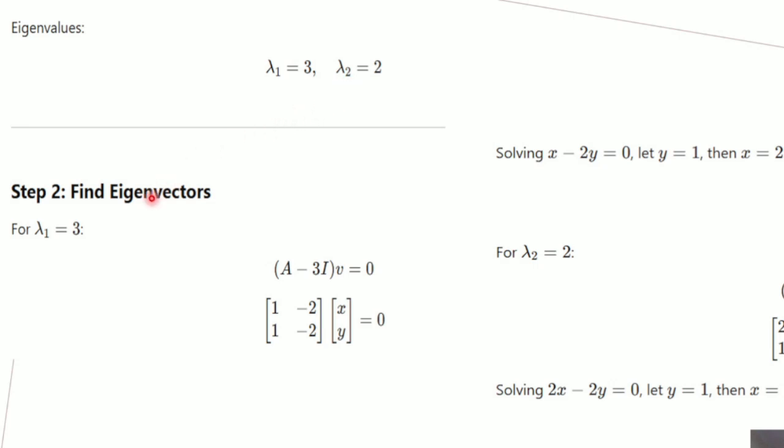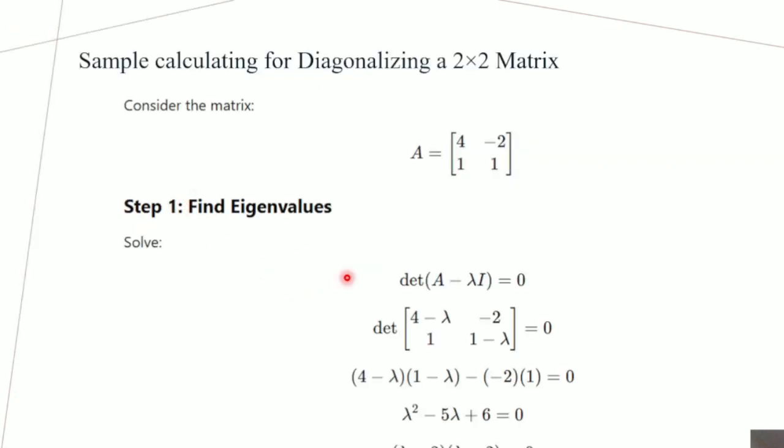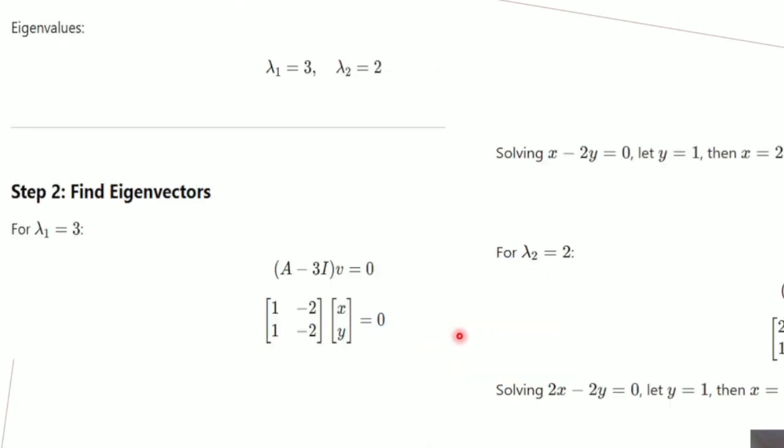So we have found the eigenvalues, and then we can find the eigenvectors. For lambda 1 equal to 3, (A minus 3I) times v equal to 0. We place the values: [4 minus 3, -2; 1, 1 minus 3], which gives [1, -2; 1, -2] times the column vector [x; y] equal to 0.